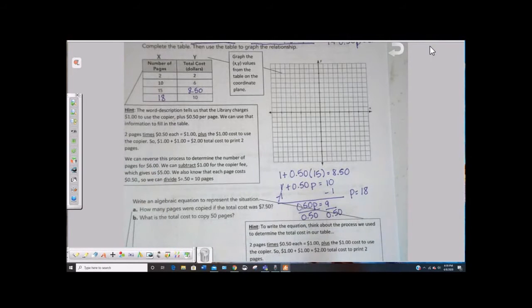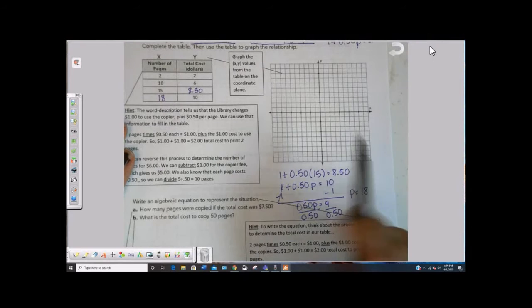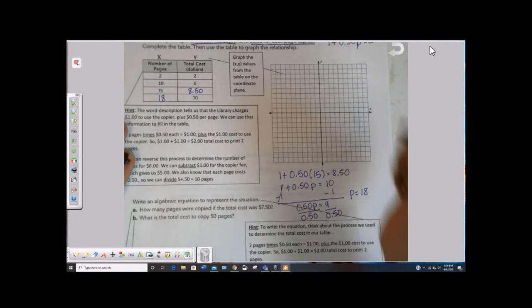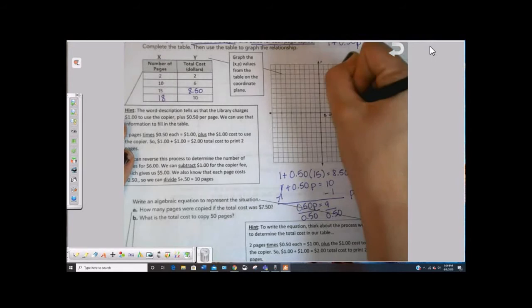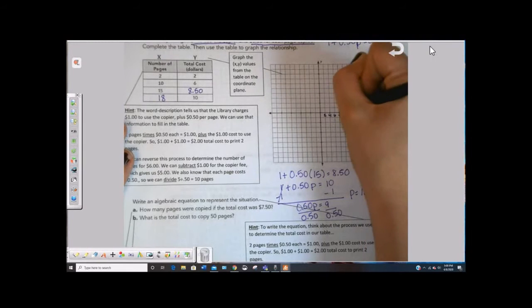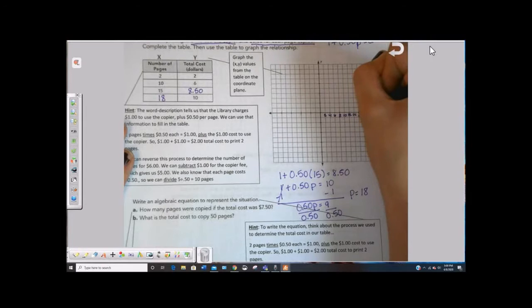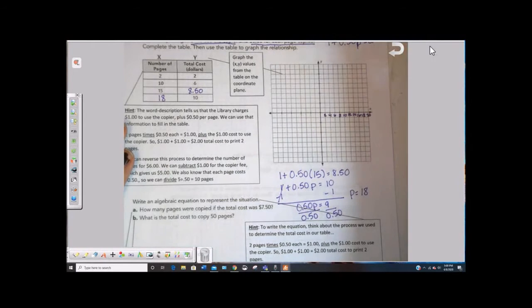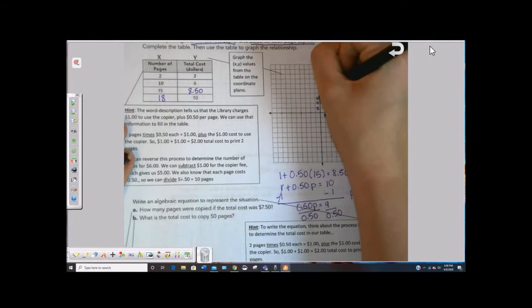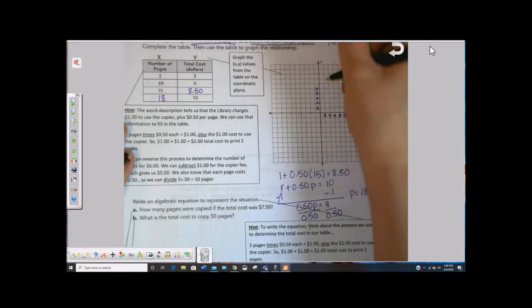So we're going by 2s per line: 2, 4, 6, 8, 10, 12, 14, 16, 18, and 20. It's the same for our y's.